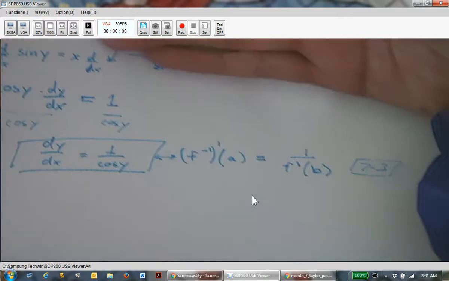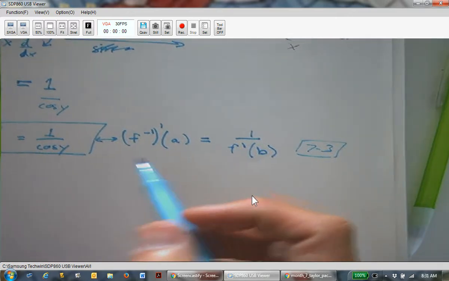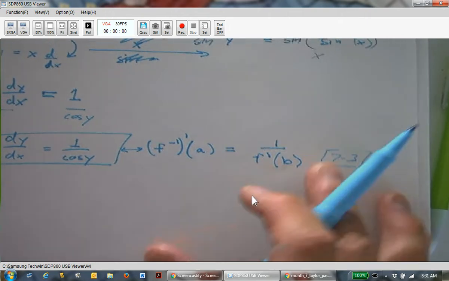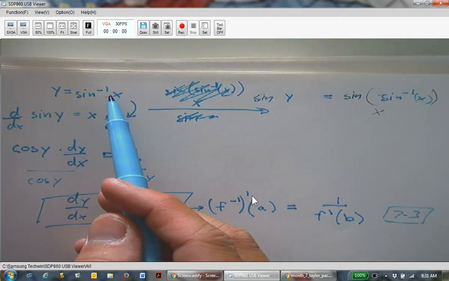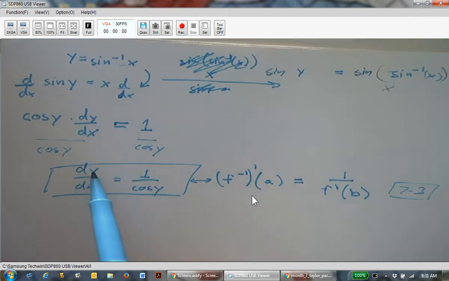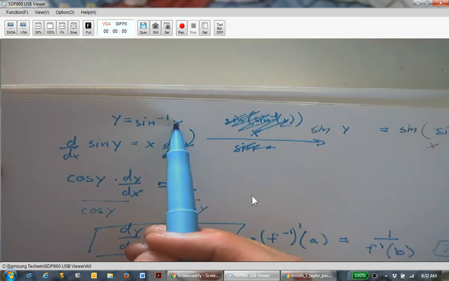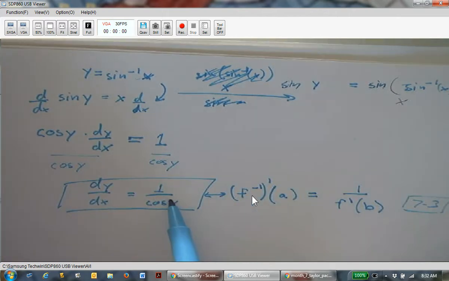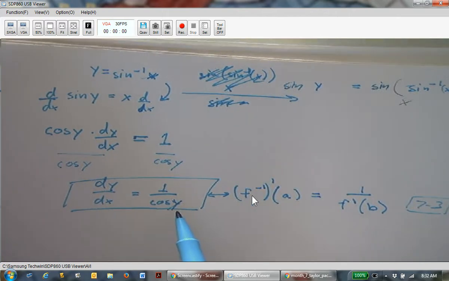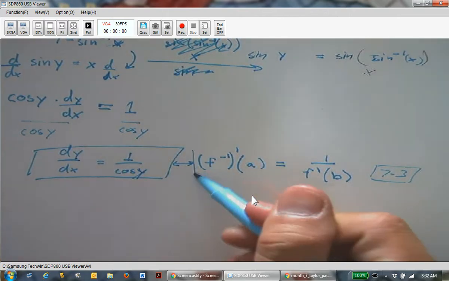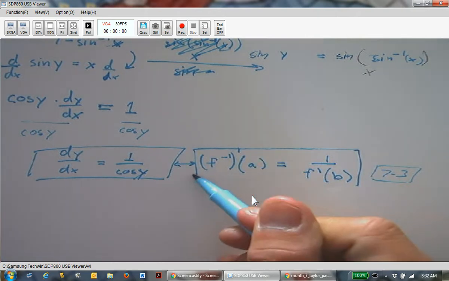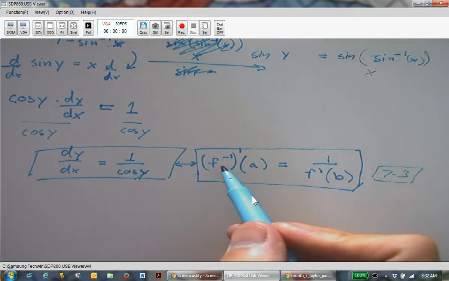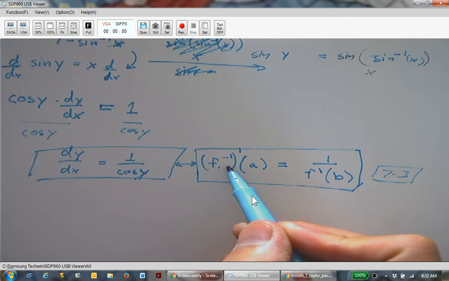So I have this going on here, and we're not done. If you can see here, y was an inverse function. I took the derivative of y, which was an inverse function, and that is 1 over cosine of y. I started with my independent variable being x, and now I have the independent variable being y. If you look very closely, these are saying almost the same thing: the derivative of the inverse function.